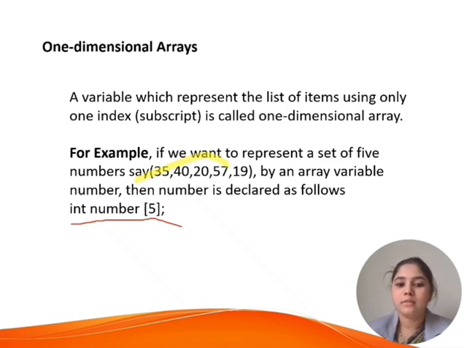So there are 5 elements stored here: 35, 40, 20, 57, and 90. This is the basic format of how you write an array: int number[5], where int specifies the data type, followed by the array name, followed by the size.